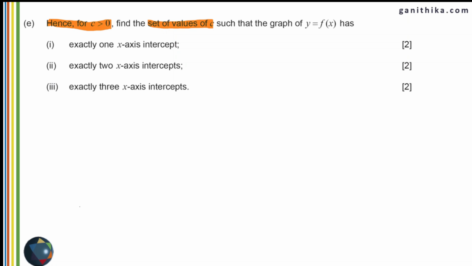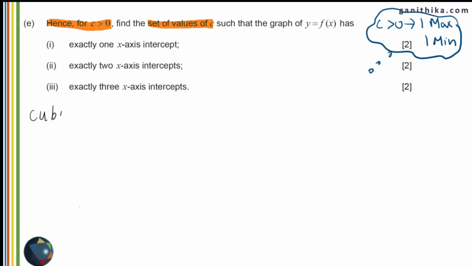So now we are going to talk about x-intercepts. Remember that for C positive, you have one maximum and one minimum point. Therefore, the graphs of this cubic function. So what you need to think here is, what are the three types of graphs that you can get when the cubic function has one maximum and one minimum point?